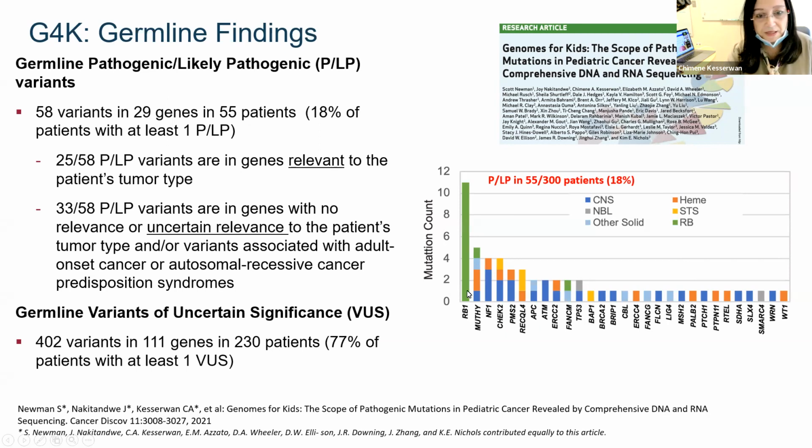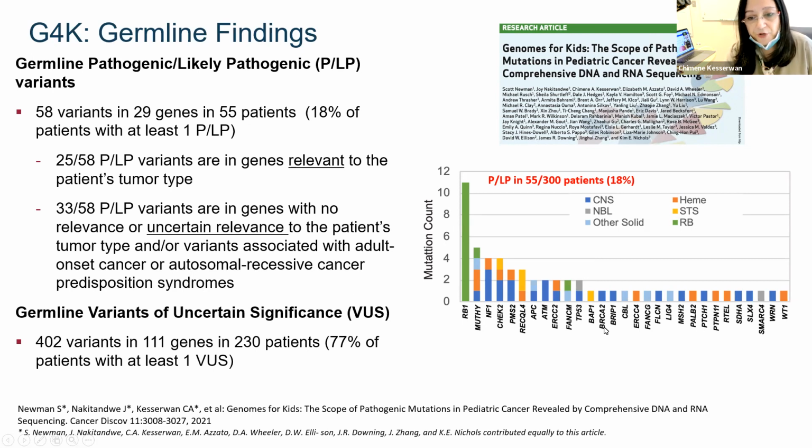What do I mean by this? Meaning RB1 in retinoblastoma, NF1 in pilocytic astrocytoma, P53 in adrenocortical carcinoma, and so on. But we found 33 variants in genes with no relevance or uncertain relevance to the patient's tumor type, and or variants associated with adult onset cancer or autosomal recessive cancer predisposing syndromes.